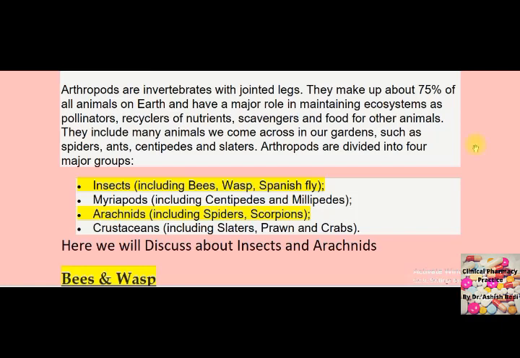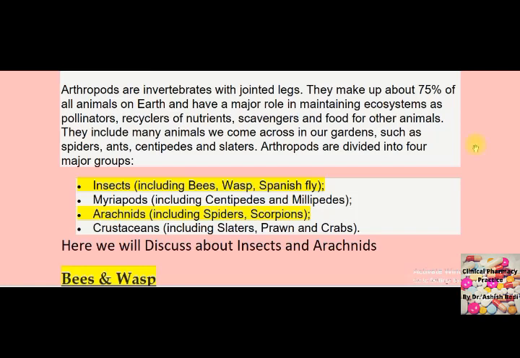Here we will discuss insects and arachnids only, because envenomation from insects and arachnids is commonly found among the population. They are widely spread, and it's a major concern of therapeutics also. To understand these envenomations, we should know about their therapy, their management, and the signs and symptoms by which the envenomation occurs.